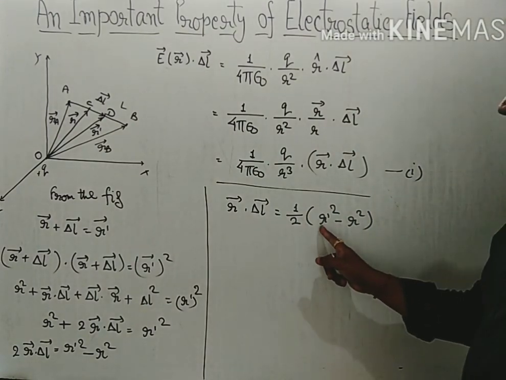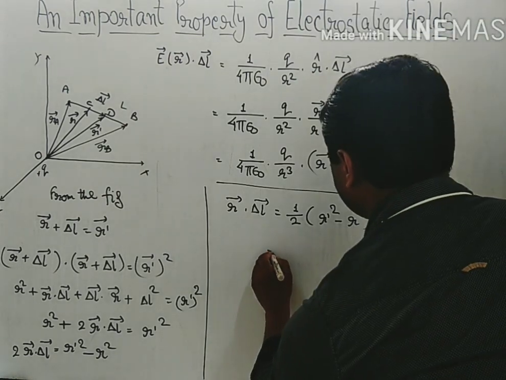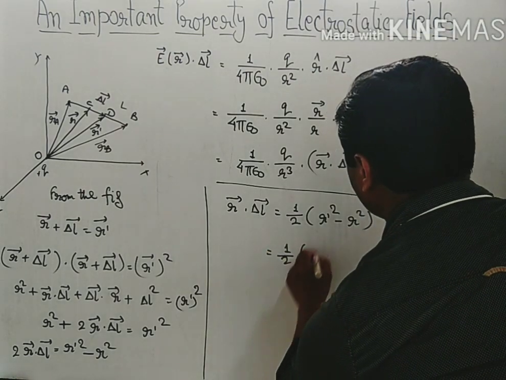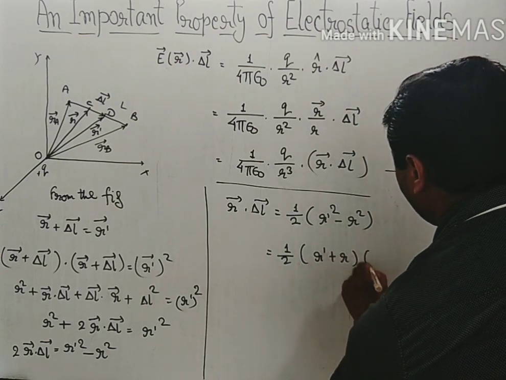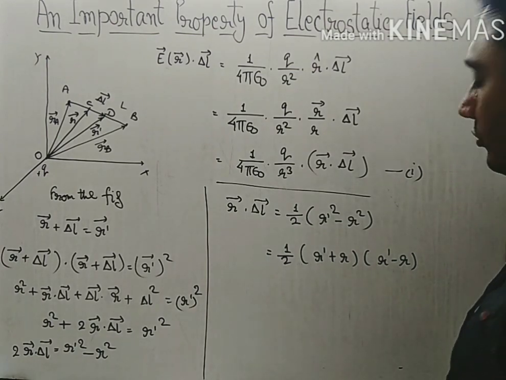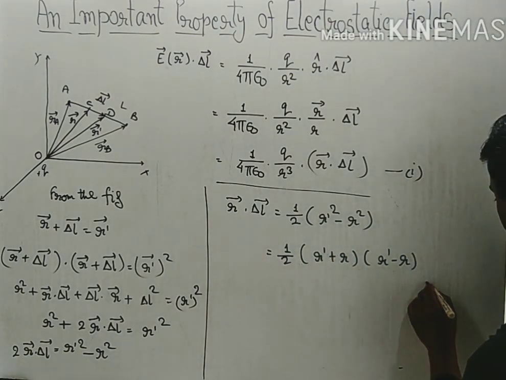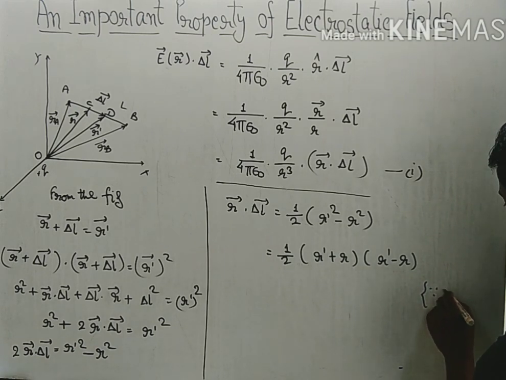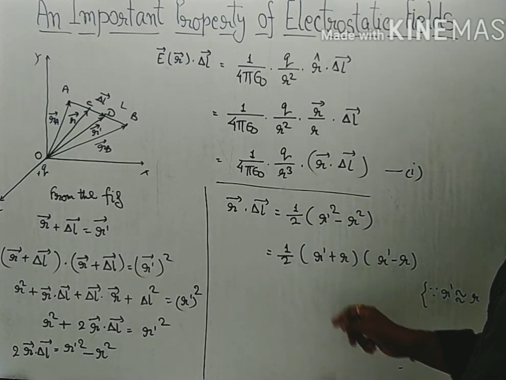Now further, using the identity a square minus b square, we can have this as half into R prime plus R into R prime minus R. Now since R prime is nearly equal to R itself, this can be written as 2R.